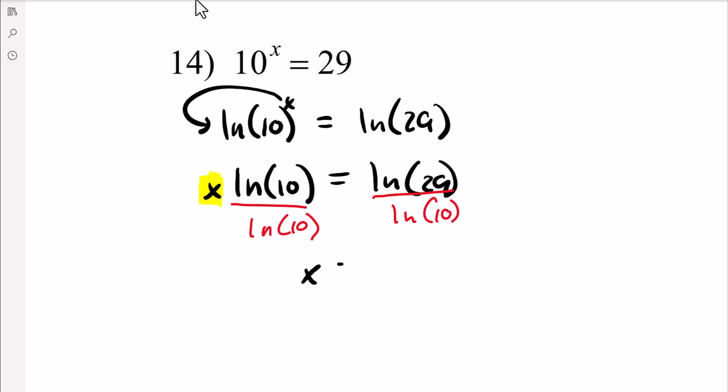So our x is going to approximate, so ln 29, close parentheses, divide ln 10, close parentheses. We get about 1.46, and then the 3 that's there is going to round up to a 4.